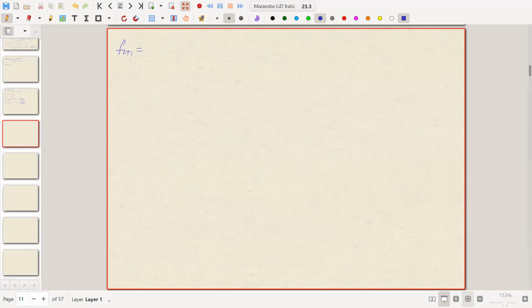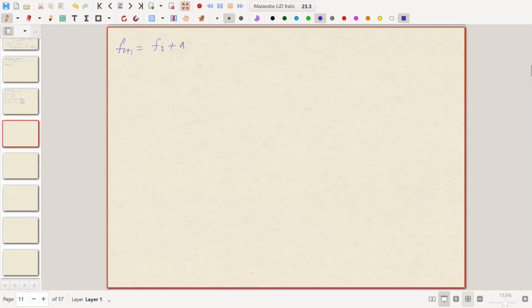Just help me out, what should I write? f i plus delta x i times f i prime, plus delta x i squared by 2 f i double prime, and so on.